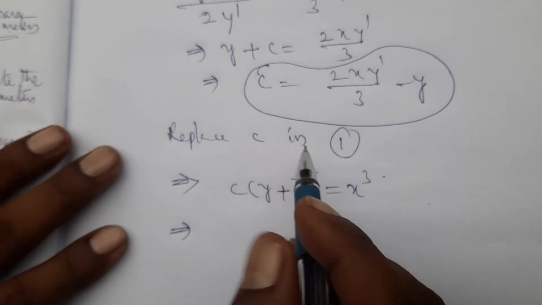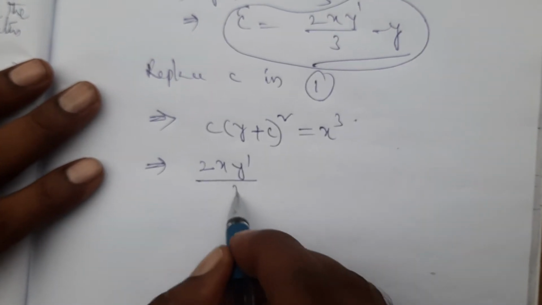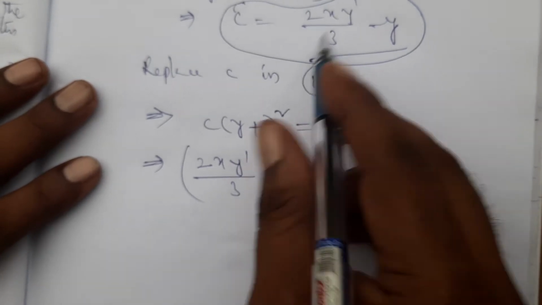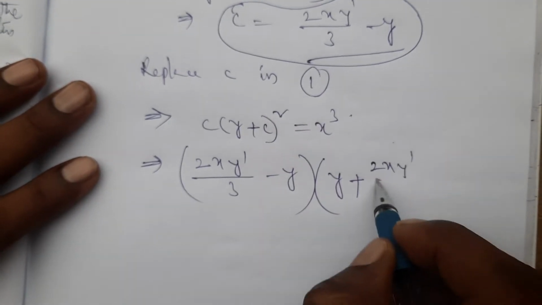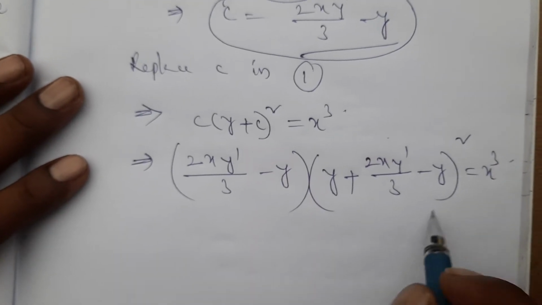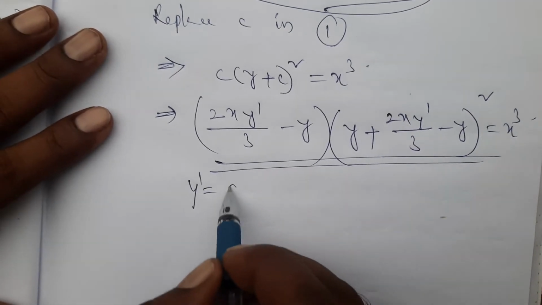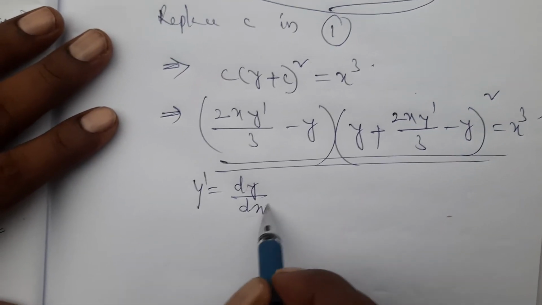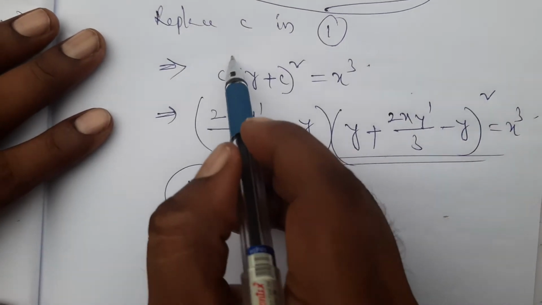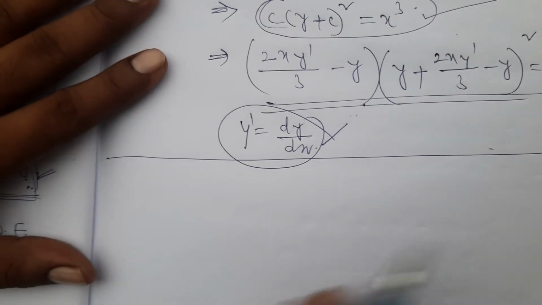By replacing the c value, I get 2x y dash by 3 minus y into y plus c, which is again 2x y dash by 3 minus y, whole square equals x cube. Then if you simplify and replace y dash with dy by dx, you will get the differential equation corresponding to the given curve. Okay, and one more example I will give.